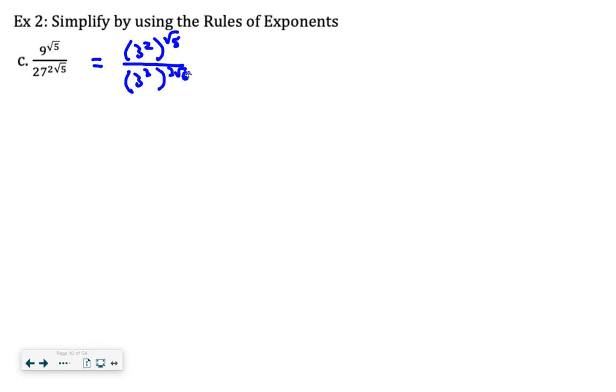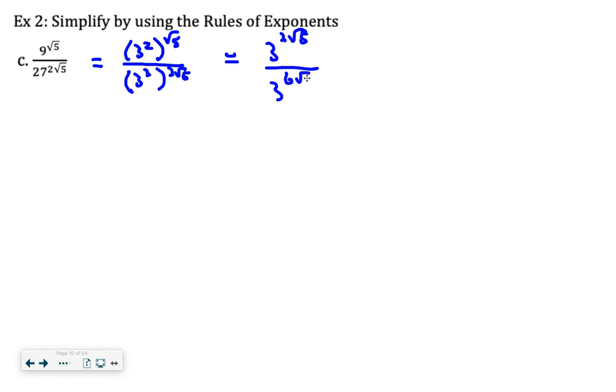Now I've got a power to a power in each of these. I can rewrite this as, if I multiply these together, 2 times the square root of 5. And in the denominator, if I multiply these together, I could rewrite that as 3 to the 6 times the square root of 5 power.